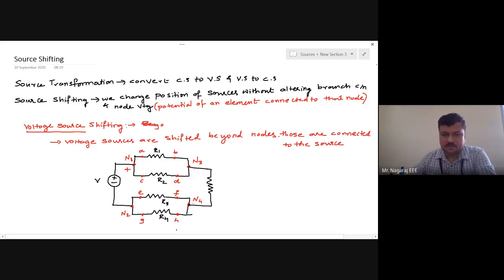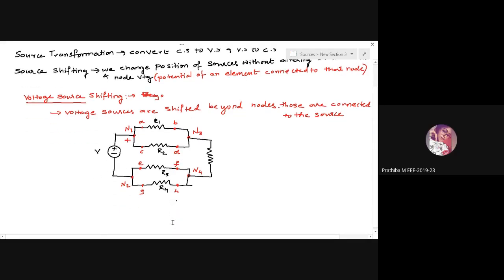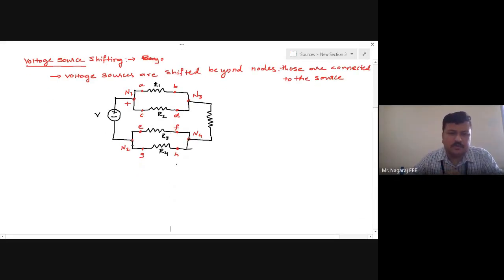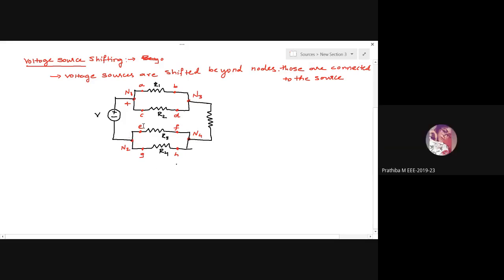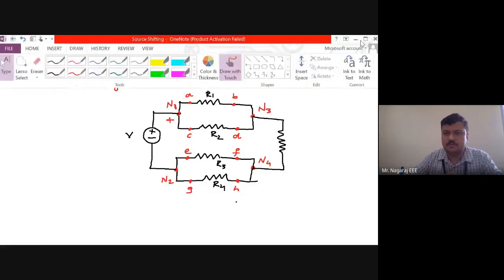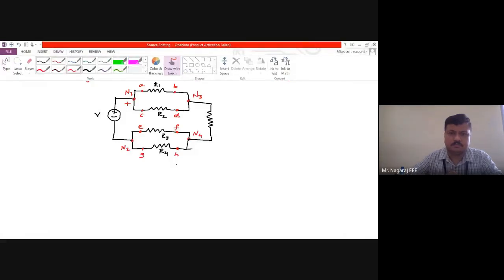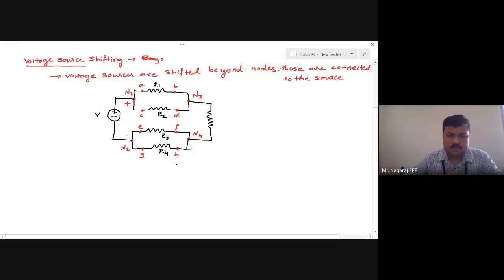Yes, sir. And what about the potential of N2? Negative. So the potential of N1 is positive, the potential of N2 is negative.